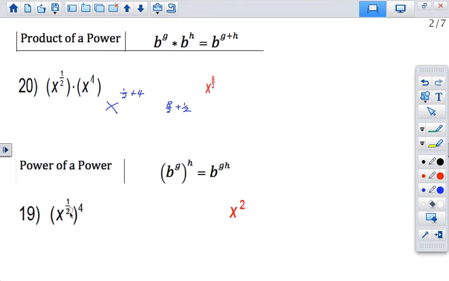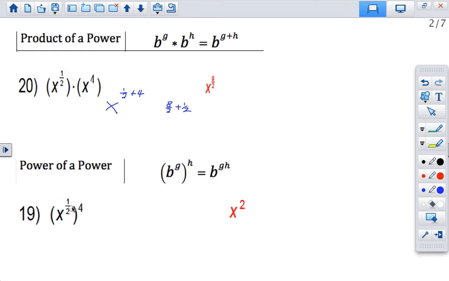Now if you have a power of a power, notice here you don't have two base terms up here like you do here. Here you have a base number raised to a power, and then that is also raised to a power. So when you have this type of situation, it's just whatever your base number is, raised to the power of these two exponents multiplied together. Again, very similar.